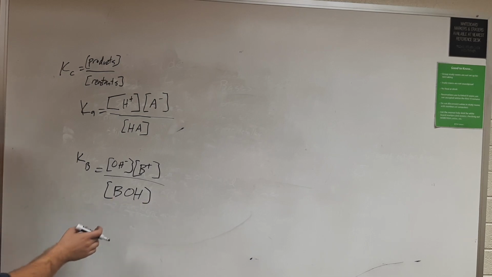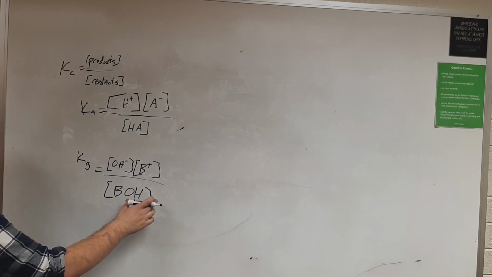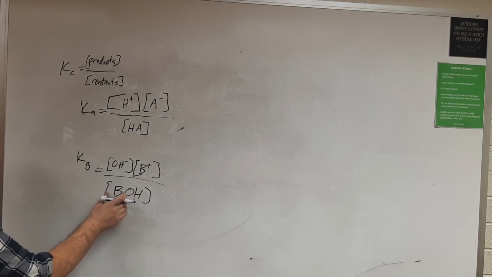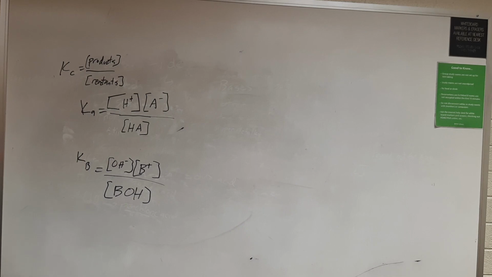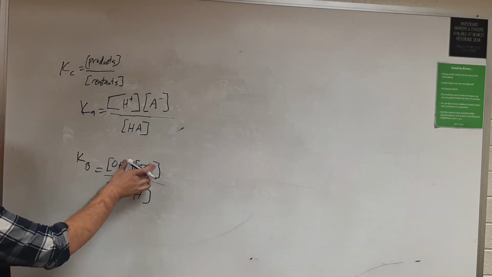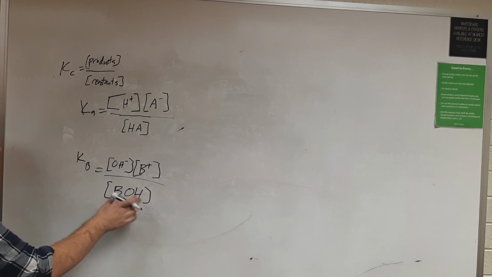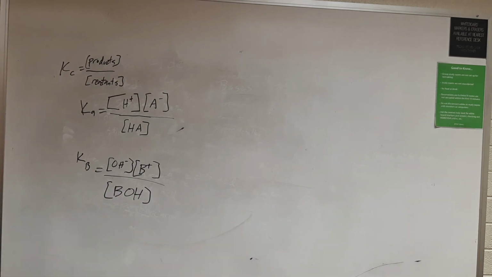If this does dissociate very well, that means you won't have very much of this because it will have split into these two things. It means your K sub B will be bigger than 1. So the larger your K sub B is, the stronger your base. The lower it is, that means more of this you have. That means less of this is dissociated. That means the weaker your base is, right?